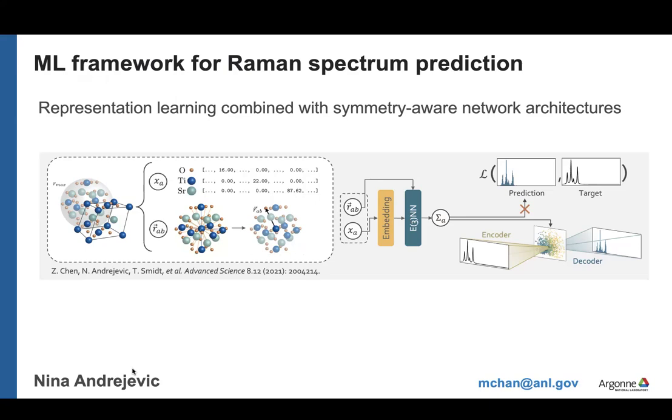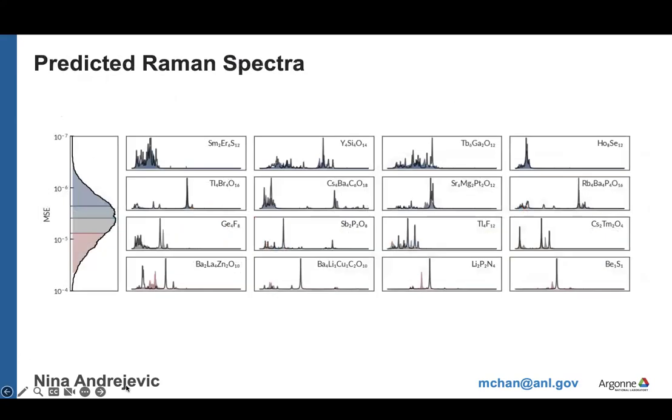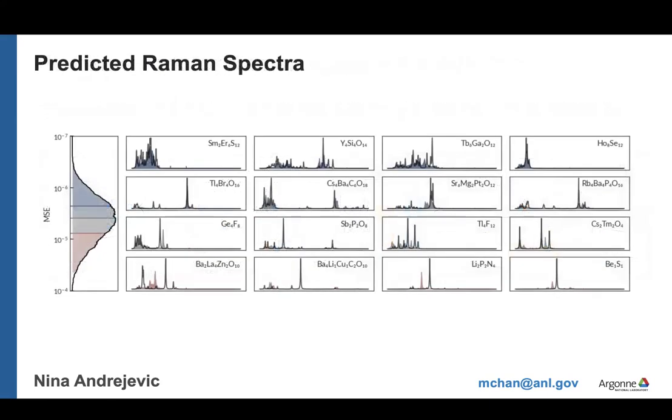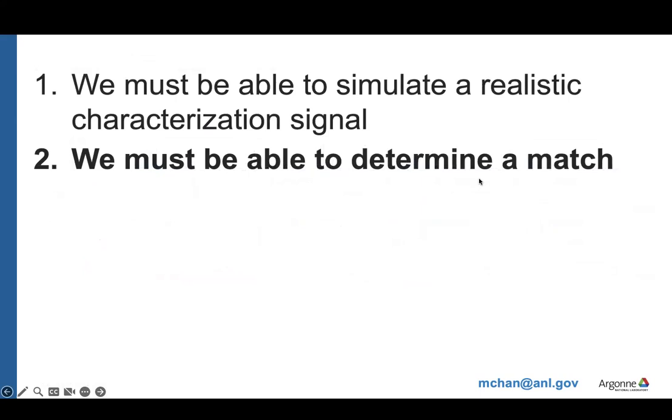And then you have to perturb the structure phonon mode by phonon mode to calculate the Raman intensity. So one piece of work that we're working on with Nina Andrejevic is to predict the Raman spectrum using a graph neural network called E3NN. That allows us to accelerate these forward simulations and still get reasonable accuracy in many cases.